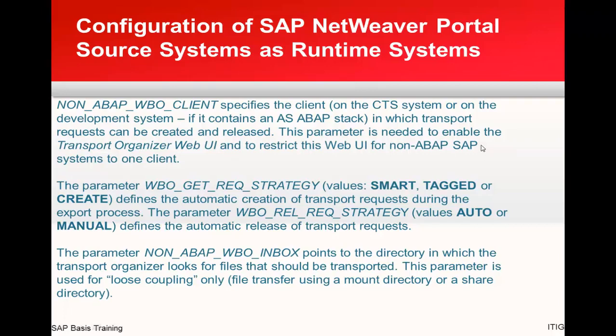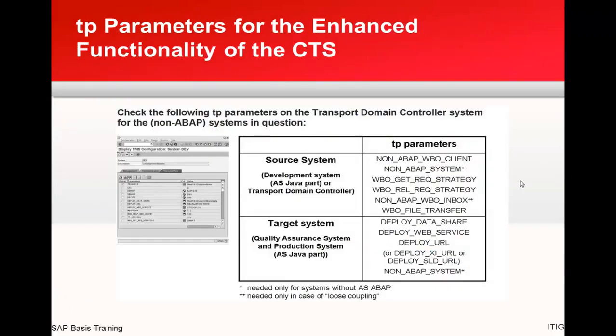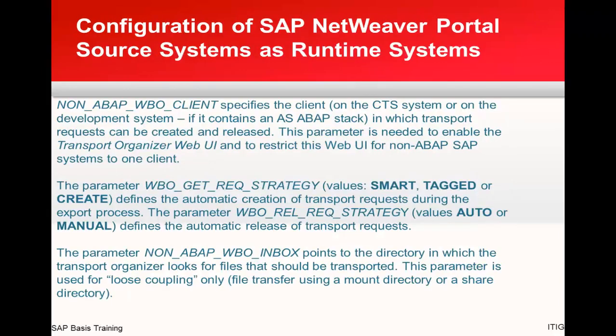This parameter is needed to enable the transport organizer web UI and to restrict this UI for non-ABAP SAP systems to one client. Basically this is in the source system JPD. Now the parameter get request strategy has values smart, tag, or create.